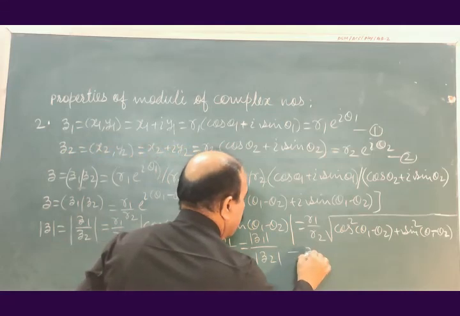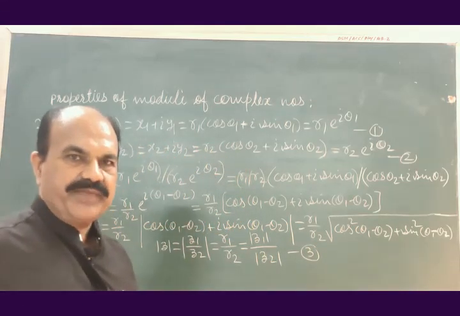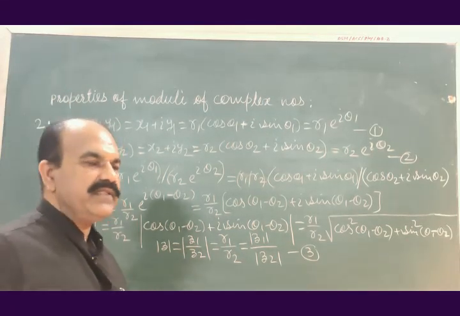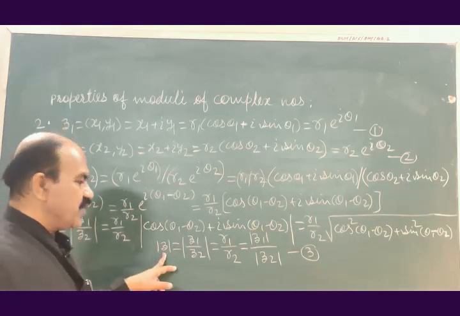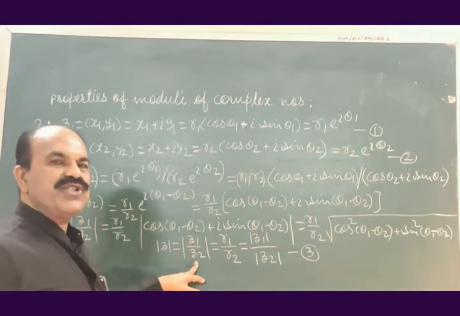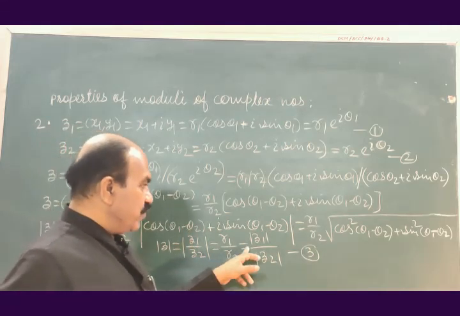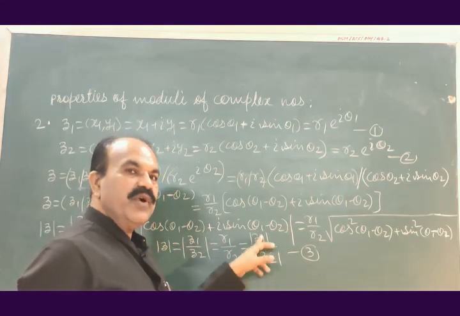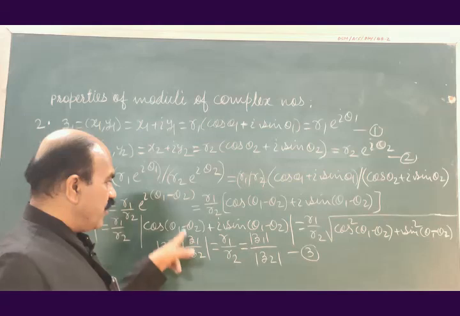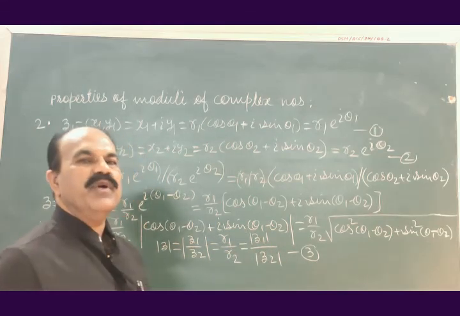Equation number 3. Let us have a close look at equation 3. If you have a close look at equation 3, what will you find? You will find that modulus of z, what is modulus of z? Modulus of quotient of complex numbers z1 and z2 is equal to quotient of their moduli. Modulus of division of two complex numbers is equal to division of their moduli.